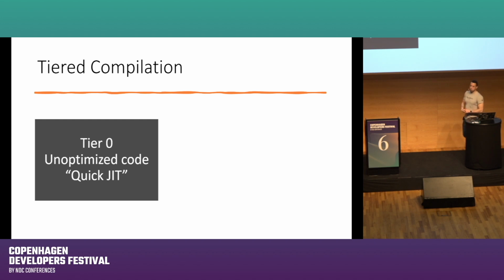But if you then run for a bit, like in server applications or applications that do some work, this tier 0 code actually has some instrumentation in it. So it does some call counting behind the scenes, and it tries to figure out what the hot paths are. And then the JIT realizes, yeah, this function is called quite a lot, I should maybe look into that.